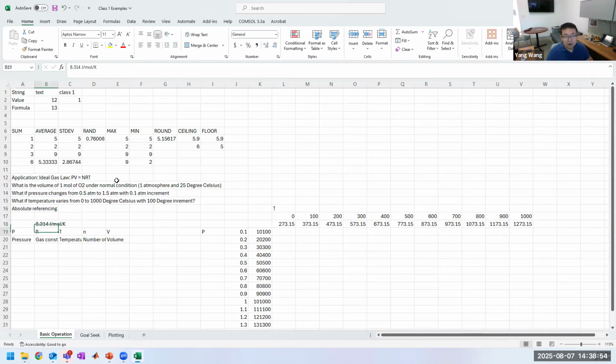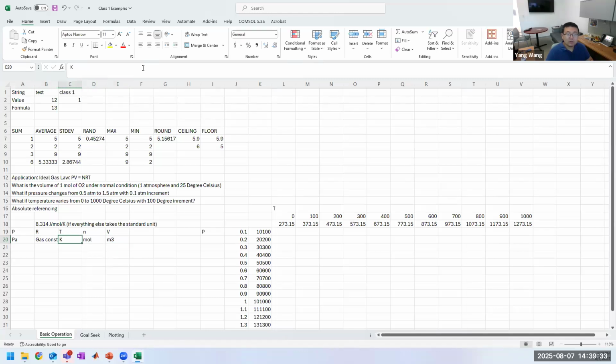We should note that R only takes this value when everything else takes the standard units, okay? So if everything else takes the standard unit, which means that here P should be Pascal, temperature should be Kelvin, the number of moles should be mole, and the volume should be meter cubed.